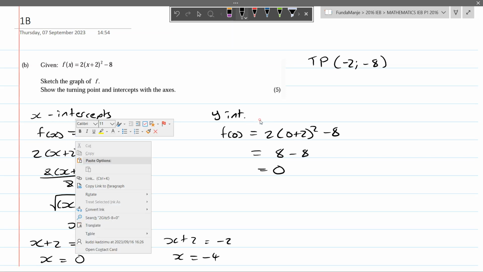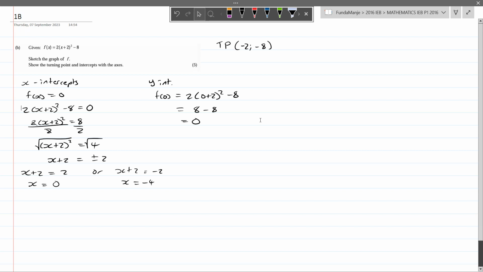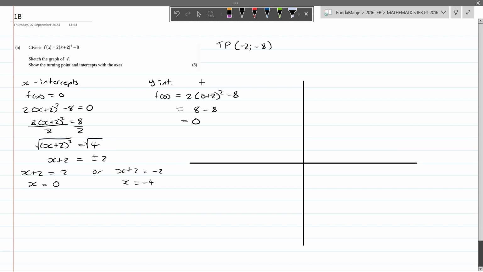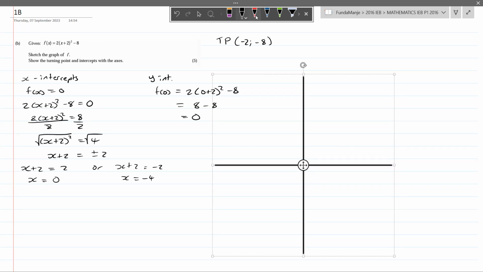So from this information we can draw a rough representation of the actual function. So put my axes here, and then we're just going to go ahead and label the turning point first of all.